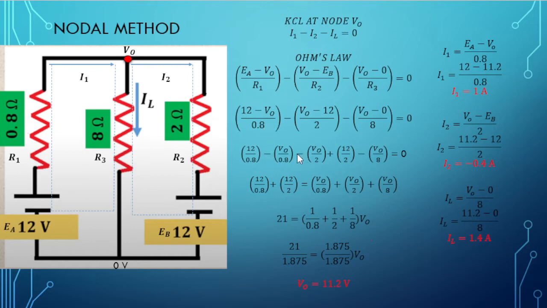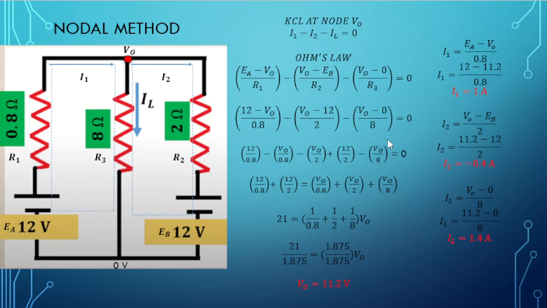So we have here 12 divided by 0.8 minus VO divided by 0.8 minus VO divided by 2 plus 12 divided by 2 minus VO divided by 8 equals 0.